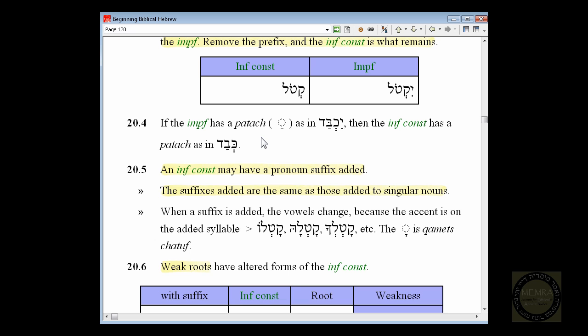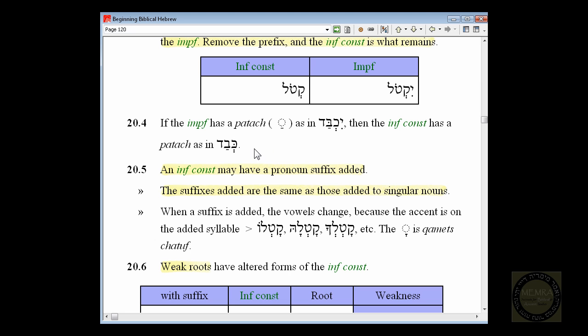Well, your third masculine singular form is sort of like your lemma form. It would be, let's say, kabad or shamar or something like that. Here's the point: you wouldn't have a shva under the first syllable if this was the perfect third masculine singular.